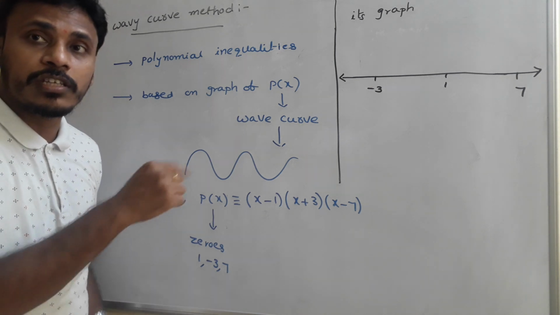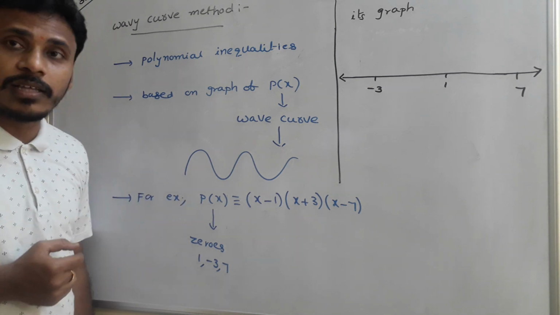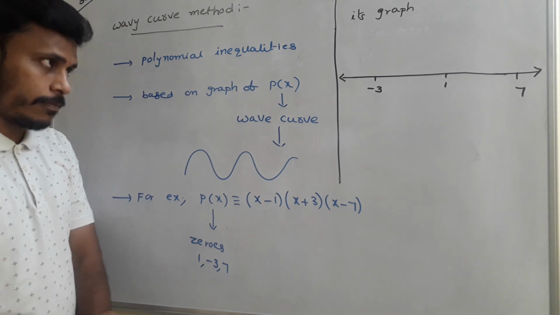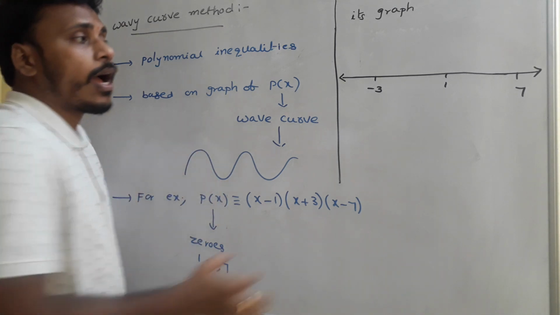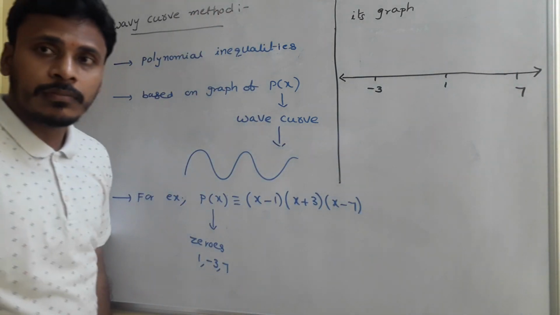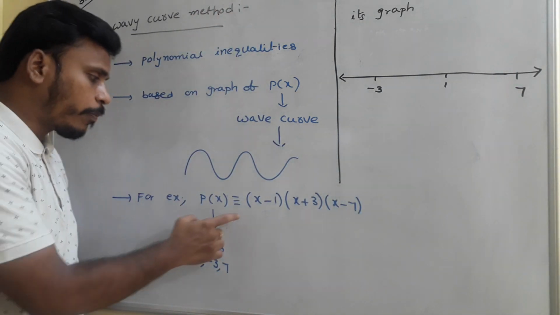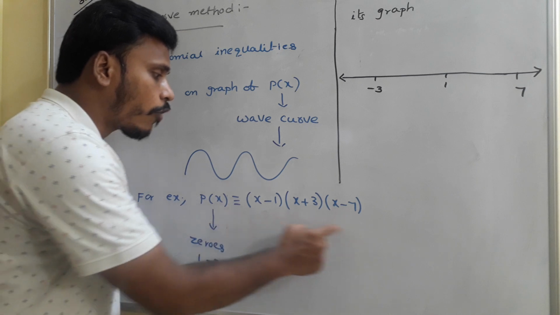Now we need to sketch the graph. So how to sketch the graph? See, the graph is surely a wave curve, and after this 7, take any point and replace it here. For sure this p of x is positive.